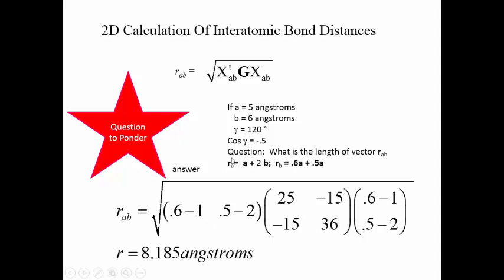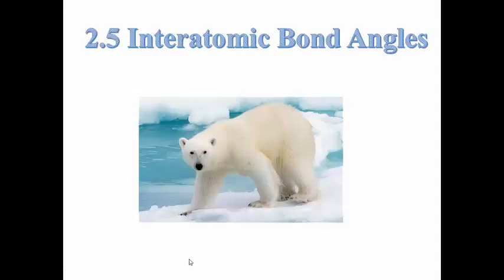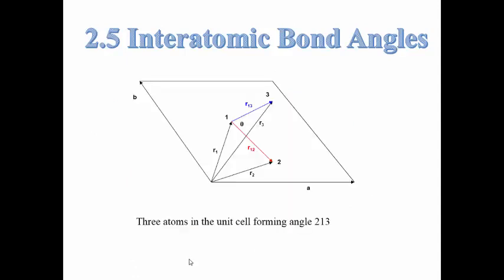Here's our old friend, the G matrix that we've been calculating all along, here's the regular coordinate matrix, and this is the transpose of the coordinate matrix. When the computer does all of the calculation, you don't want to do this by hand, you get R equal to 8.185 angstroms.